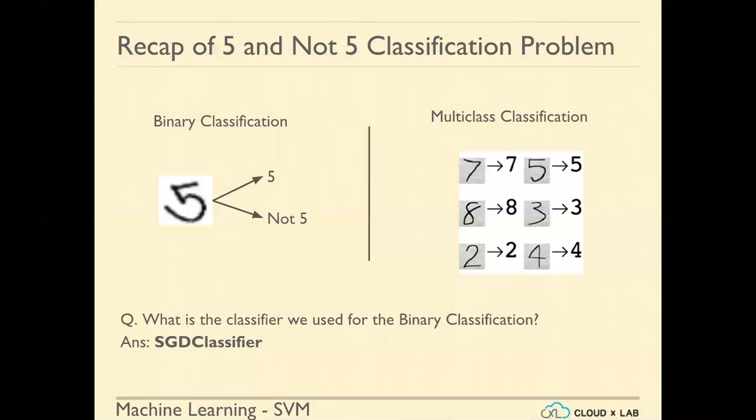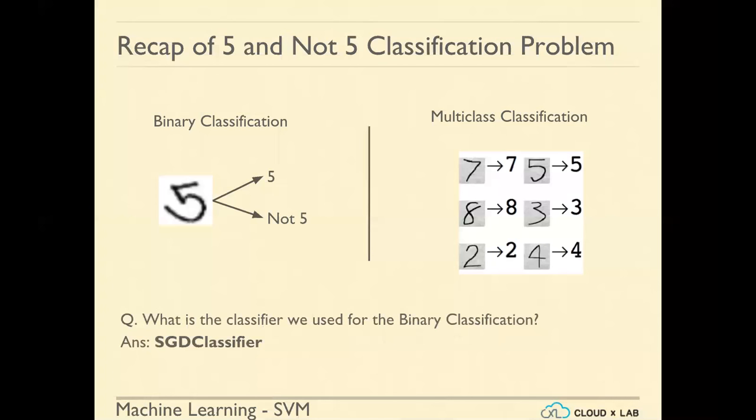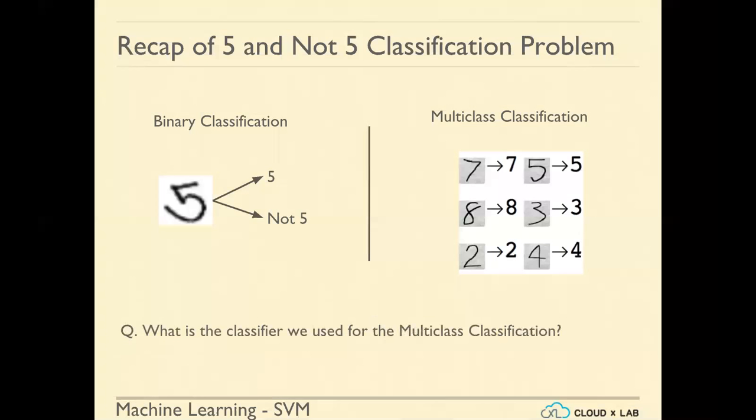SGD classifier is the stochastic gradient descent classifier. Here we did the binary classification, right? Now, what is the classifier that we used for multi-class?